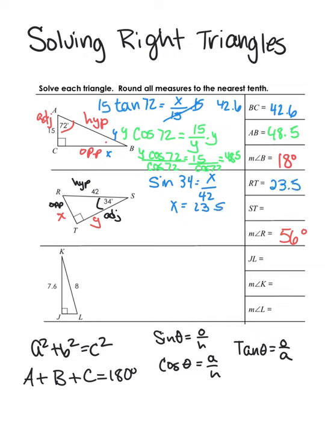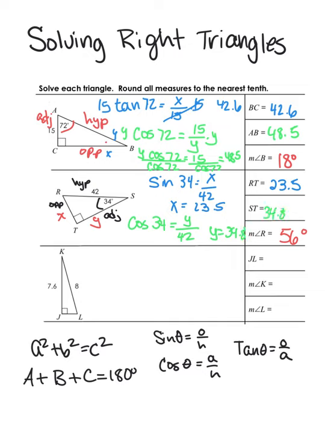To find my Y, that's going to be the adjacent over my hypotenuse, so the cosine of 34 is equal to the adjacent over the hypotenuse. So 42 times the cosine of 34 tells me that Y is equal to 34.8.